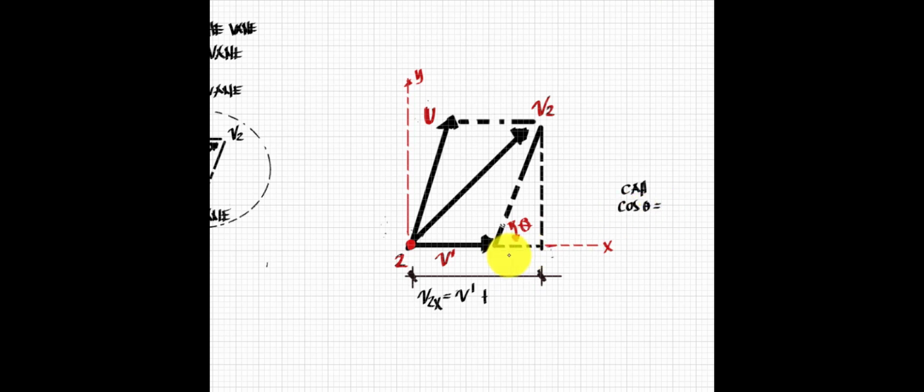Let's name the adjacent value here. Let's say this is A. So I have here A divided by our U, since this is our hypotenuse, which is the relative velocity of the jet. Okay.